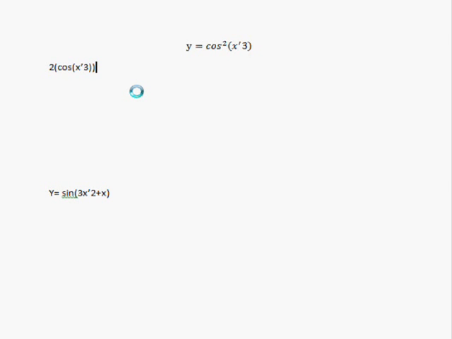Now we again apply the chain rule and we put times another parenthesis, the negative sine of x cubed, and we again apply the chain rule and multiply times 3x squared. We simplify and we end up having negative 6x squared times cosine x cubed times sine x cubed, and that's our answer.